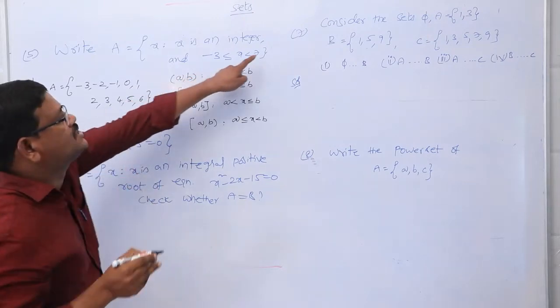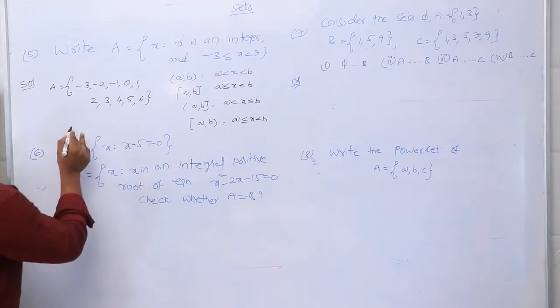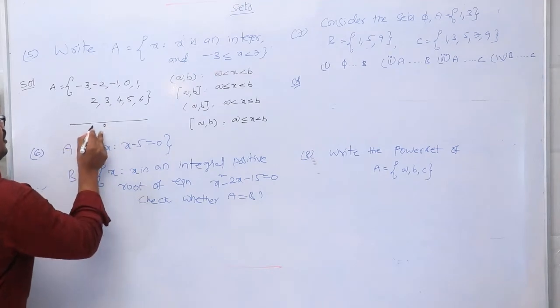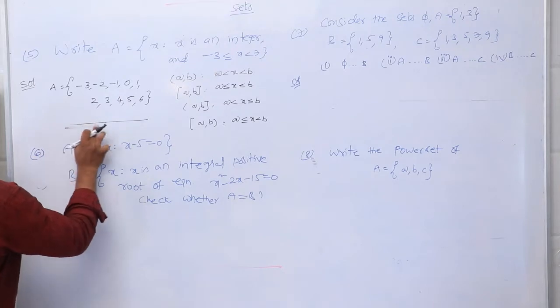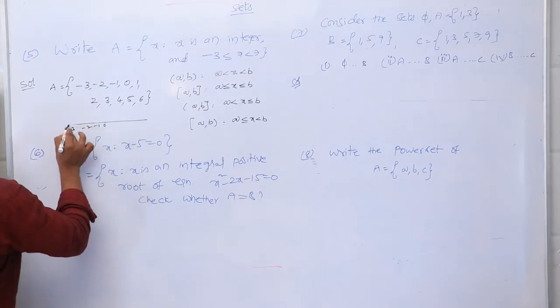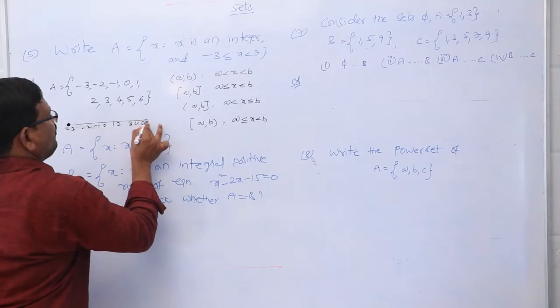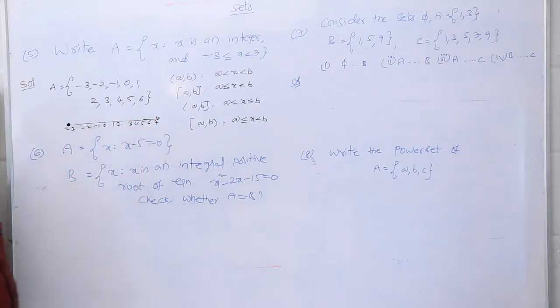We should not include 7 because we don't have a closed bracket there. If you consider these numbers on the number line, minus 3, minus 2, minus 1, 0, 1, 2, 3, 4, 5, 6. This is the closed bracket and this is the open bracket.